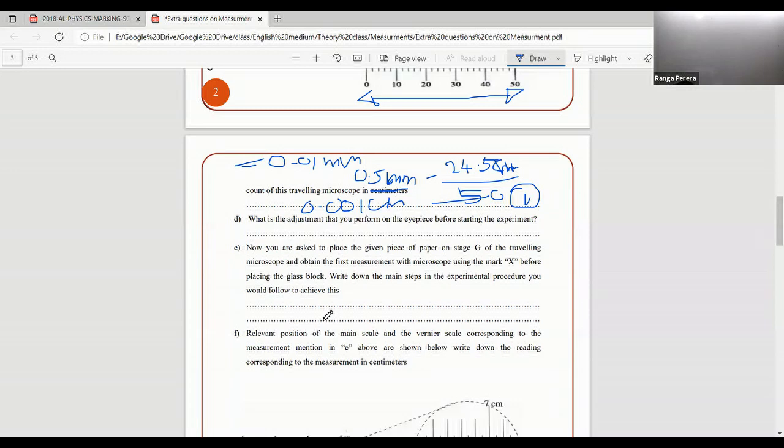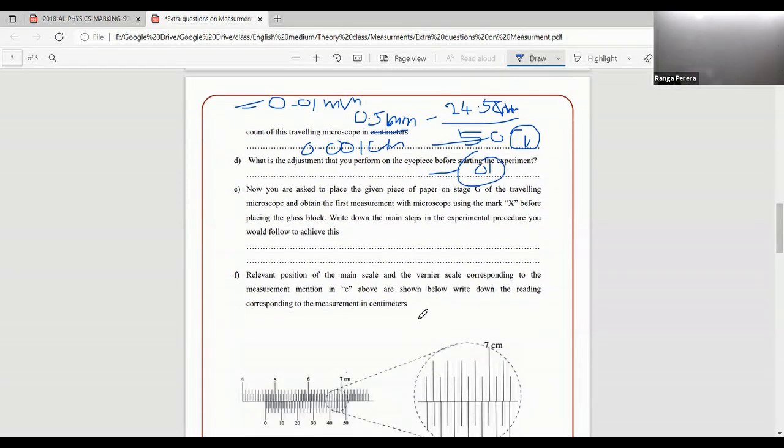So you want to write there, focus the crosswire of the microscope. That is the adjustment you should do for the eyepiece. You get 1 mark for that.